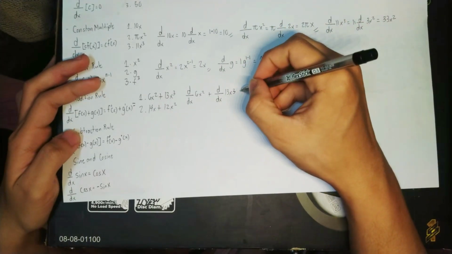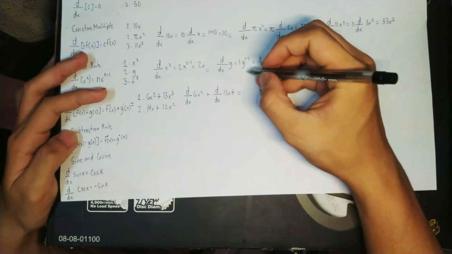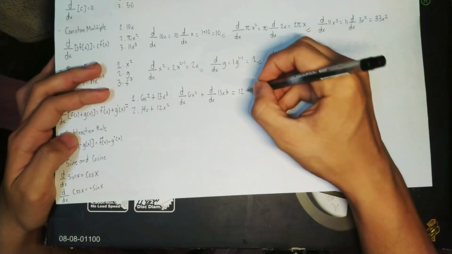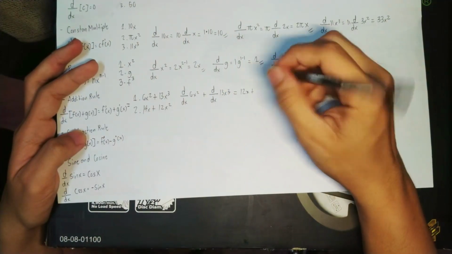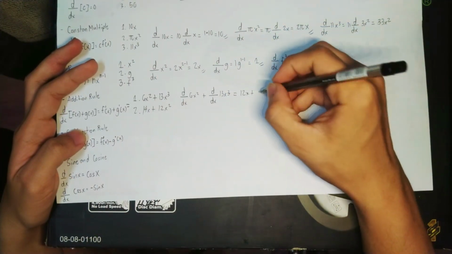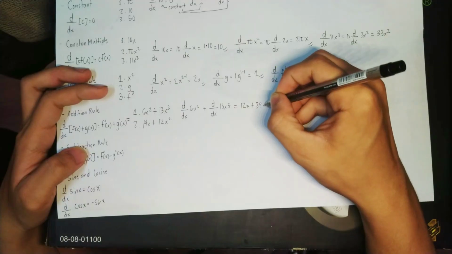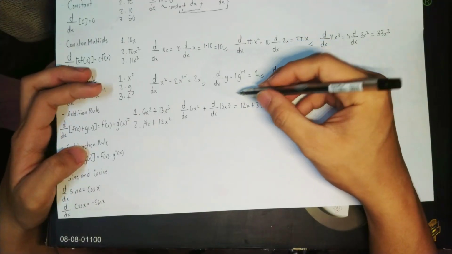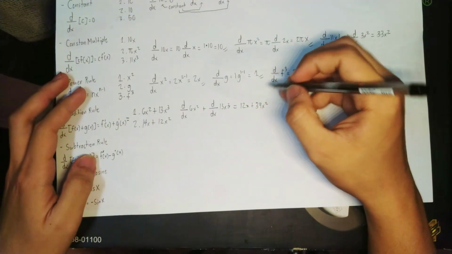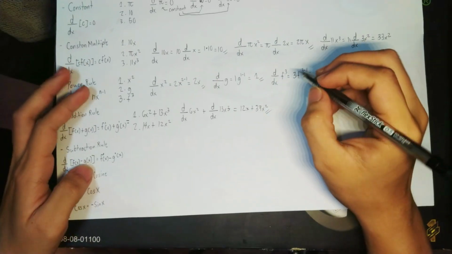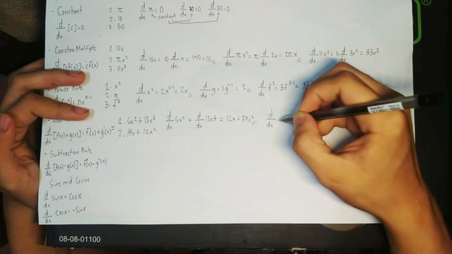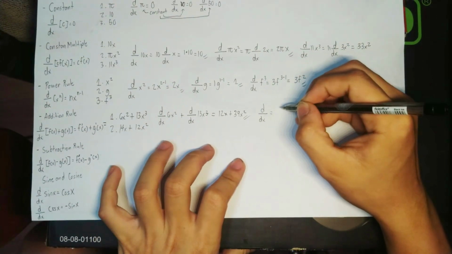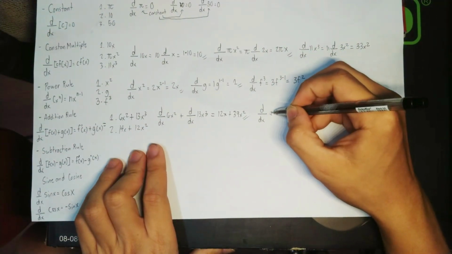So let's take the derivative of 6x squared and the derivative of 13x cubed, and then add them together. So 6x squared is 12x, and 13x cubed is 39x squared. Then just add them, or sometimes you just keep it as is and rearrange it.